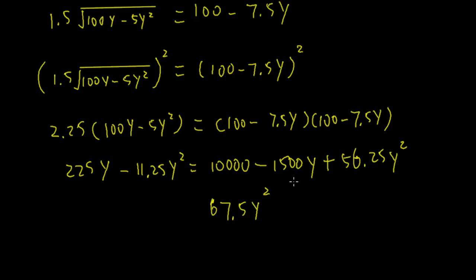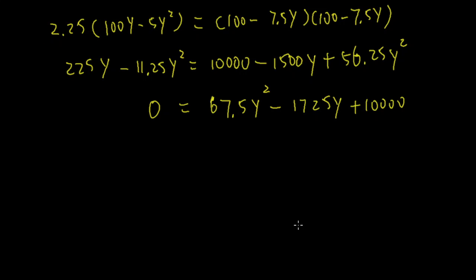And when you subtract 225y, you're basically subtracting from 1500y, giving 1725y. The constant's still the same. So that side will be equal to 0. Now you have a quadratic equation.